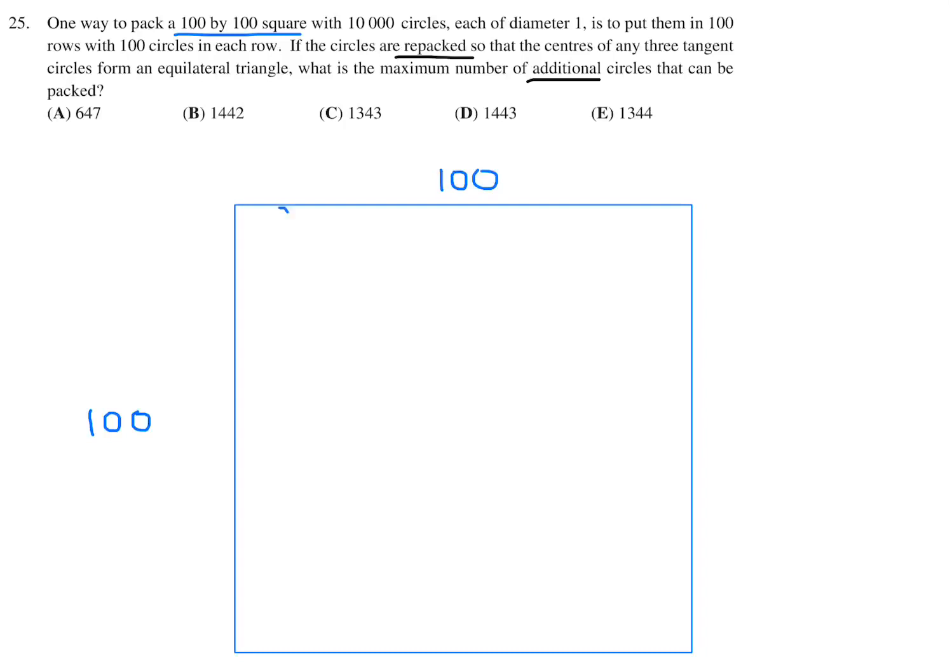So you've got circle, circle, circle, like that, and this goes on until you get to the end. All these circles are the same in terms of size. They all have a diameter of 1. And then similarly, you just keep going down like that.